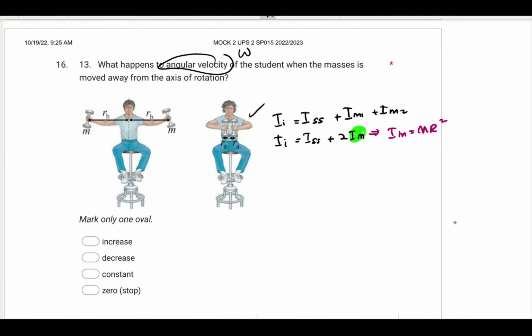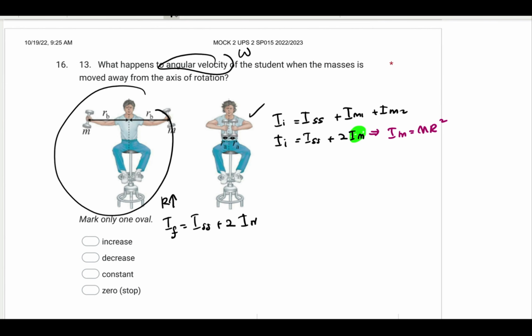Okay. Same thing. Right? So, when R is increasing for the second part, when R is increasing, automatically the moment of inertia final will increase. I stool plus 2I of the masses. Okay? Okay, so this I will increase. So, I_F will increase.